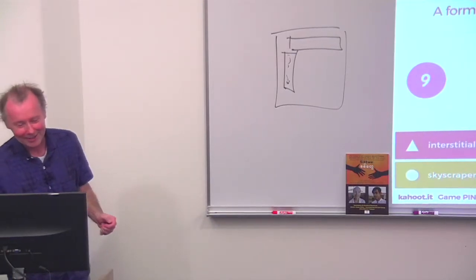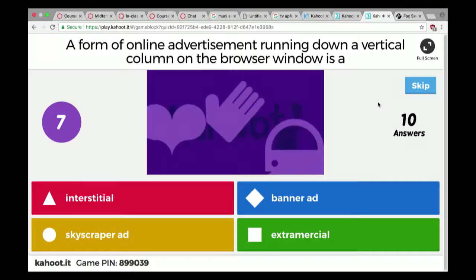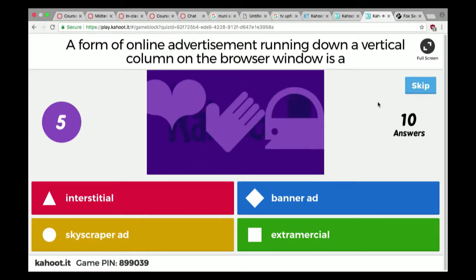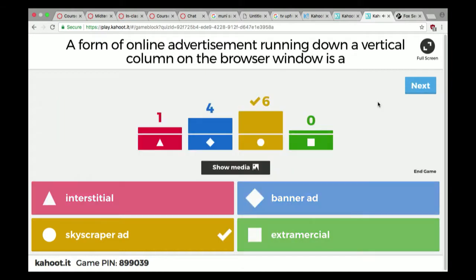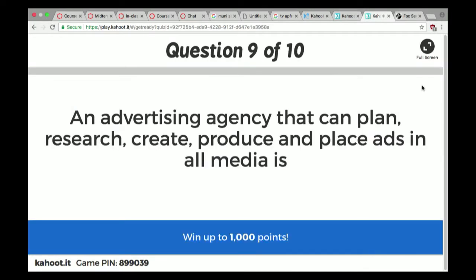Give it a try. Another version of the banner. No. Please, media buying agency, would you buy me another version of a banner ad? It is a skyscraper ad. Yeah. Okay, so there it is. So I'm innovating. I'm actually teaching with Kahoot. I don't tell you anything, and then I just ask you a question.